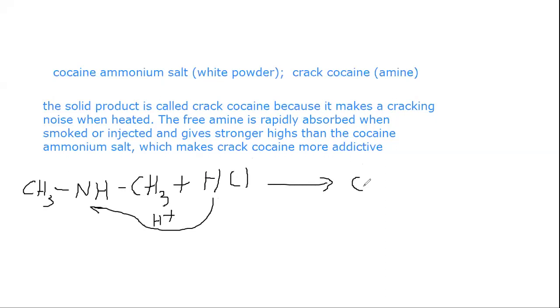This becomes CH3, NH becomes what? NH2 plus, CH3. Now this NH2 plus is balanced by Cl minus. You can place Cl minus here, or you can place it on the top or bottom.